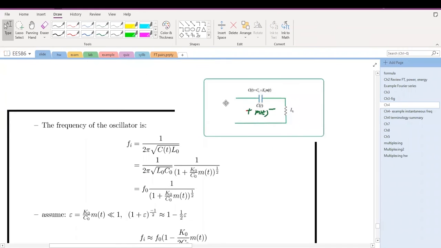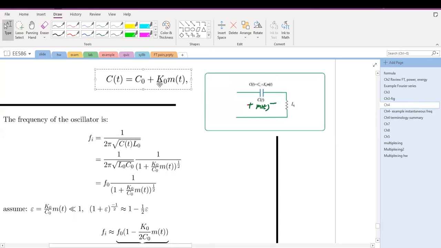So now I put the circuit back here. Now we look at the oscillating frequency in this circuit. That equals 1 over 2 pi, because we want hertz, times the square root of L0 C(t), where C(t) equals C0 plus K0 m(t). We plug it in. That equals 1 over 2 pi times the square root of L0 times (C0 plus K0 m(t)).